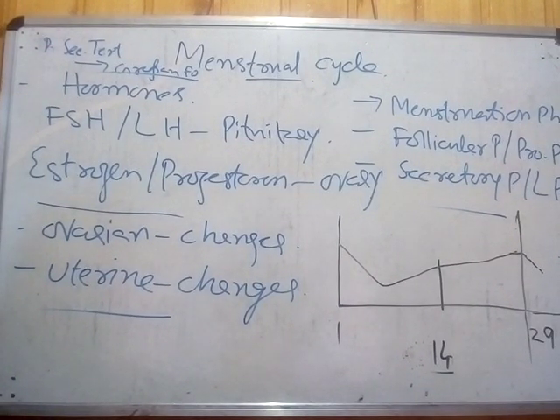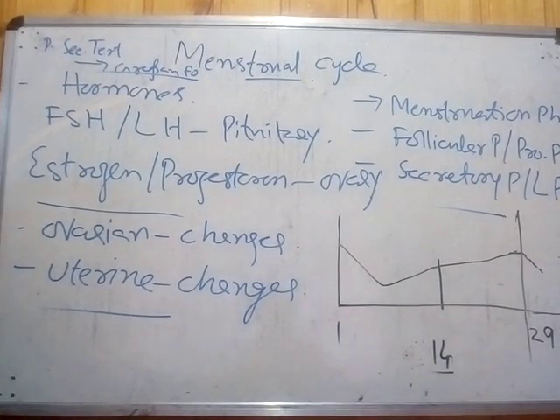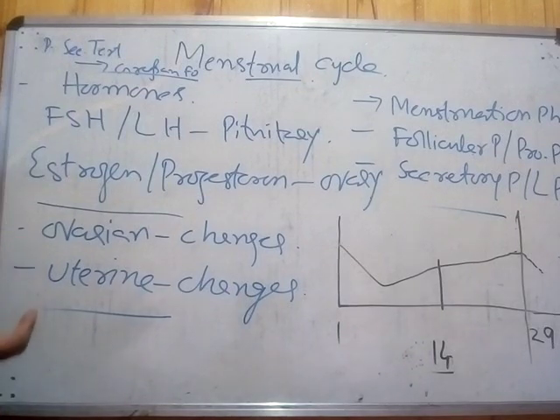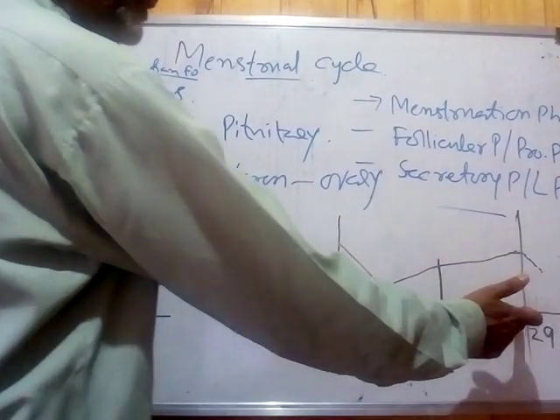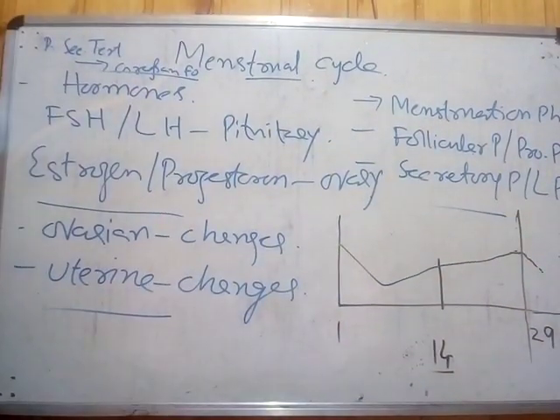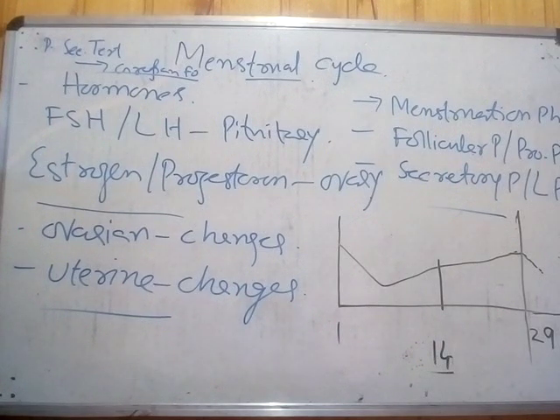Now, if fertilization has not taken place, implantation has not occurred, the corpus luteum starts degeneration, and up to the 28th day, the whole system understands that a fertilized egg is not available, and maintenance of the thickening of the endometrium becomes very difficult for the system, and there is lack of progesterone hormone as well.